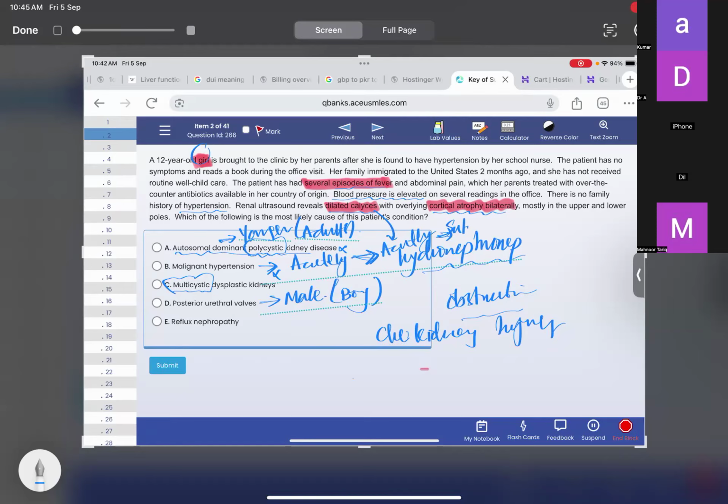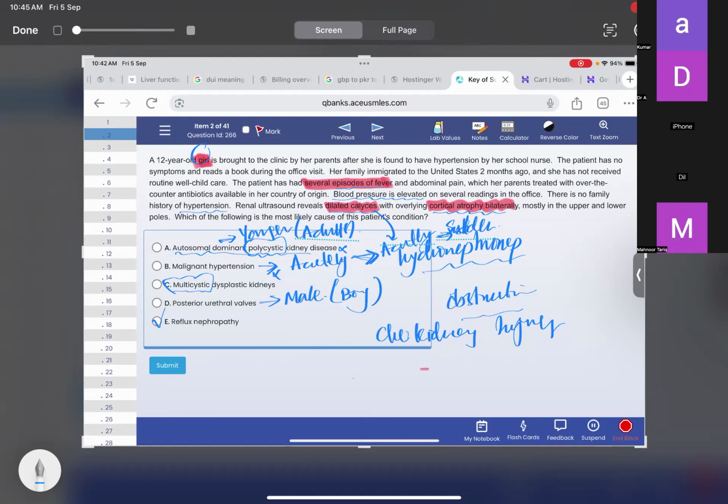It has to be very high blood pressure, more than 180. We will discuss hypertensive urgency and hypertensive emergency, so we will discuss these hypertensions.